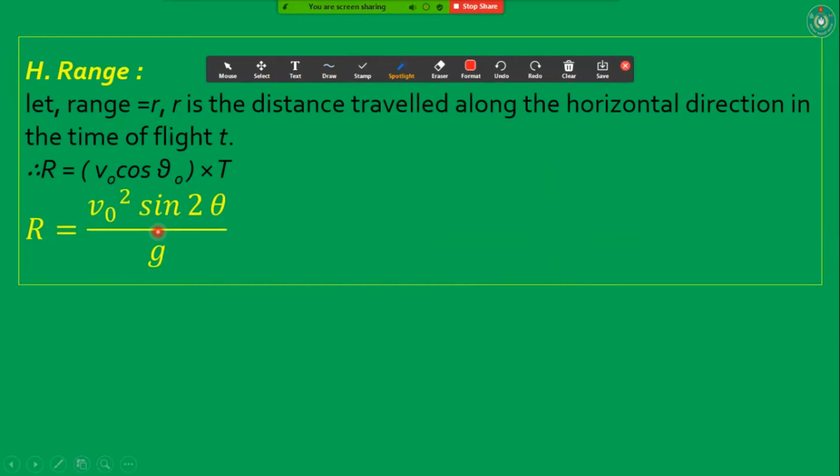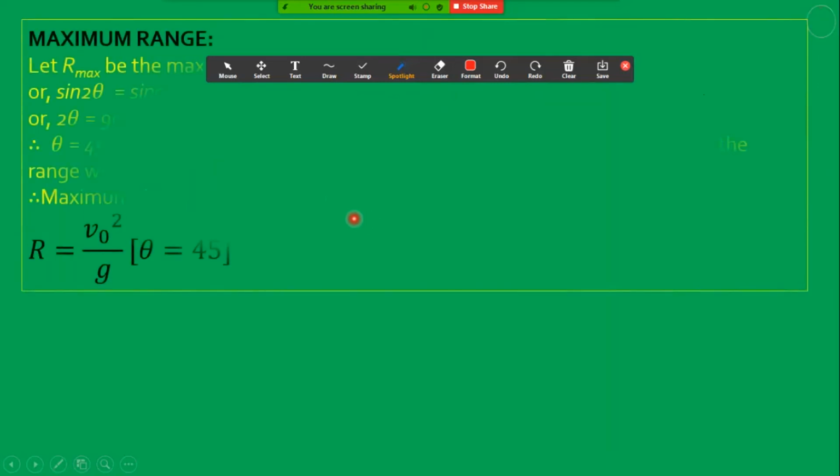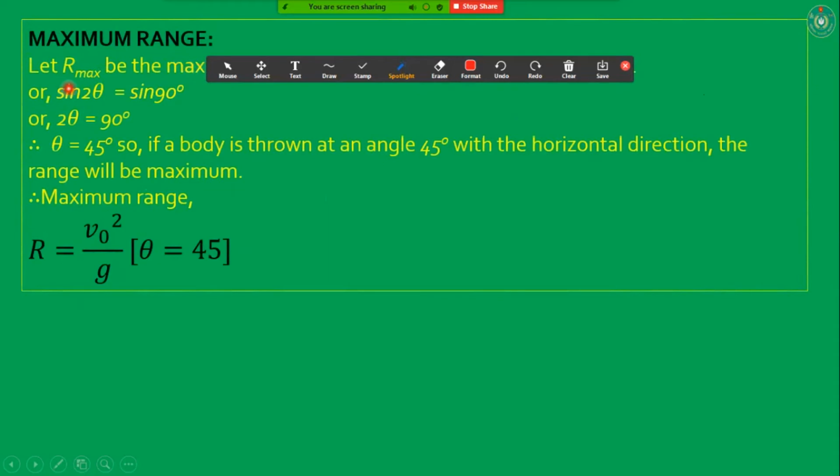Obviously, it is very clear that when 2 theta is 90 degrees, that is sine 2 theta becomes 1, then you will get R is equal to v naught square over g, and it will be the maximum horizontal range. 2 theta is equal to 90, and theta obviously 45. So you will get maximum horizontal range for an angle of 45 degrees.